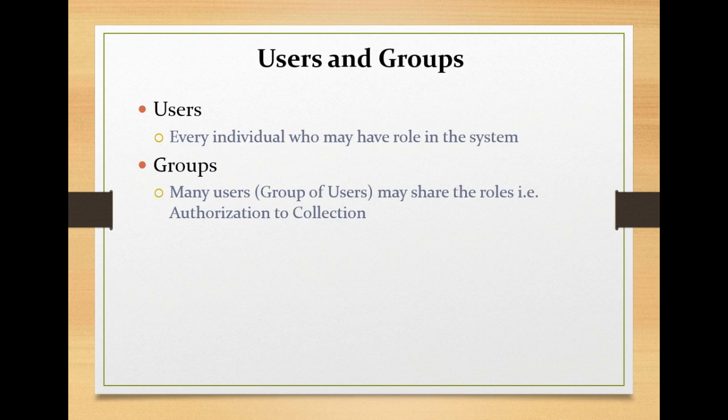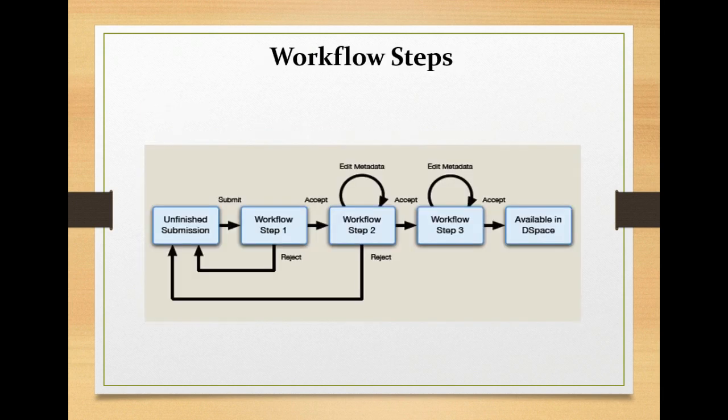And this is the workflow step. Unfinished submission means you are here. When you submit the document to DSpace, it goes to the first step, and if it is rejected, it will again go back to unfinished submission.